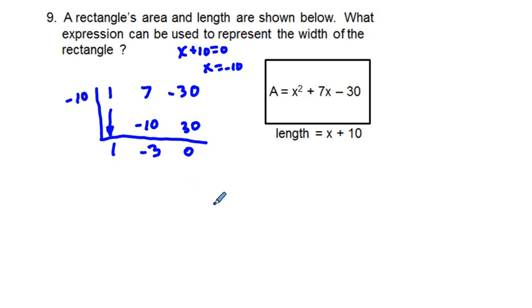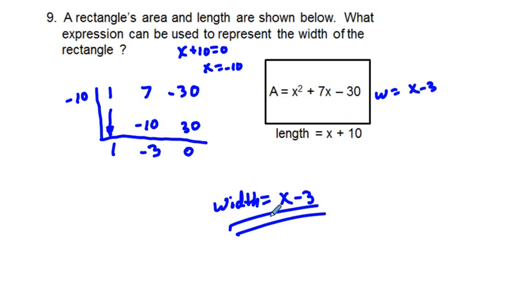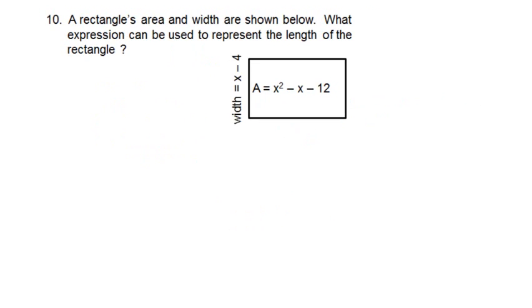And so our width is equal to x minus 3. Our length is x plus 10 and our width is x minus 3, and we can multiply these together to get our area. So that's number 9 worked out.